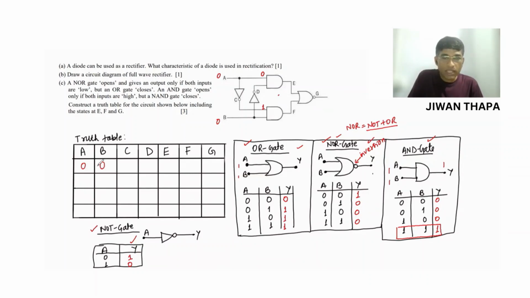So if A and B are 0, then C is 1. B is 0, so we have 0 over here, and D is 1, because the NOT gate inverts 0 and we get 1. Now this is an AND gate, and 0 and 1 will give us 0, so D is 1, C is 1, and E is 0. What about F? Again for 1 0 we have 0, so we get 0.